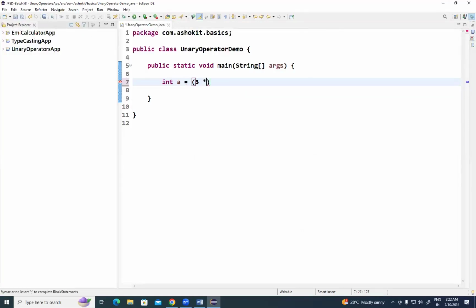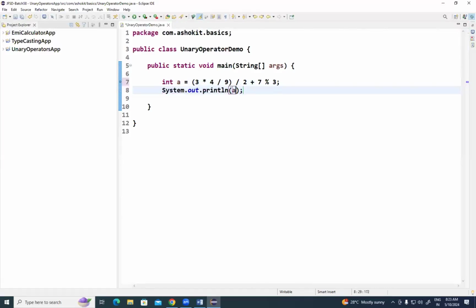Folks, 3 multiply with 4, divide with 9, then divide with 2, then add with 7, then find modulus 3. System.out.println of A. Could you tell me what's the output of this expression?